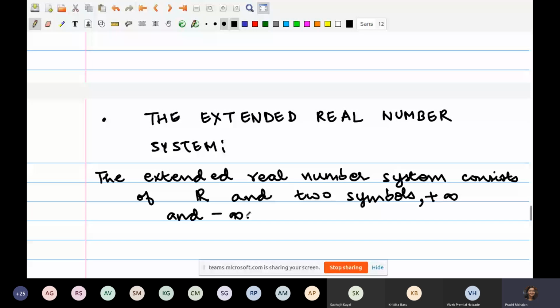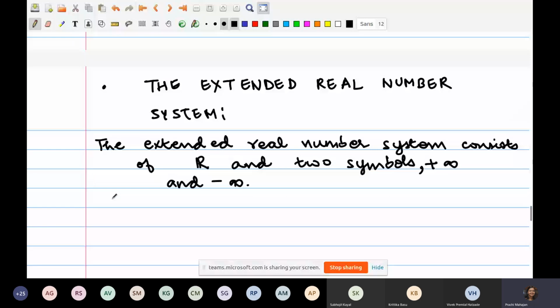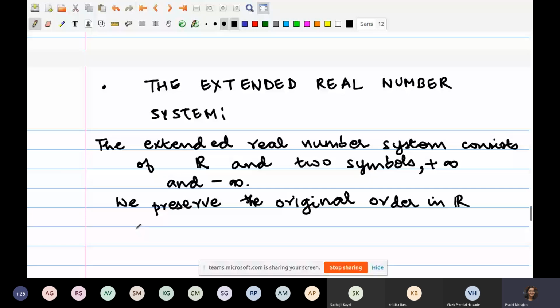So we preserve the order in R. There is a notion of order in R, courtesy of the order properties that we discussed. So we preserve the original order in R, and here is the definition of these two symbols.